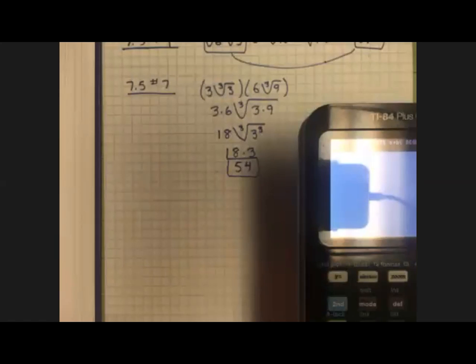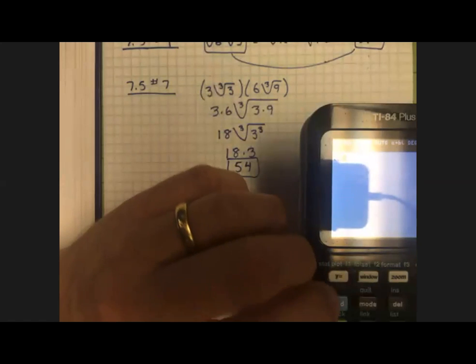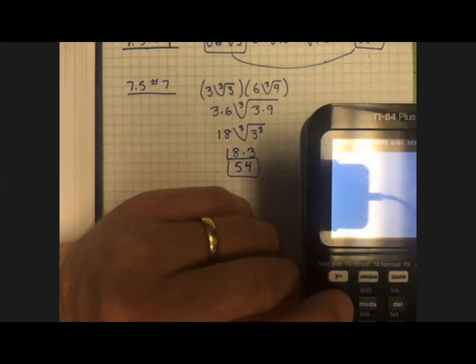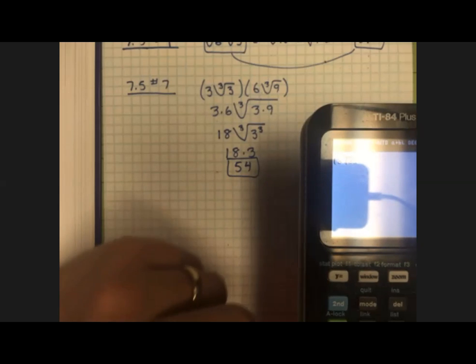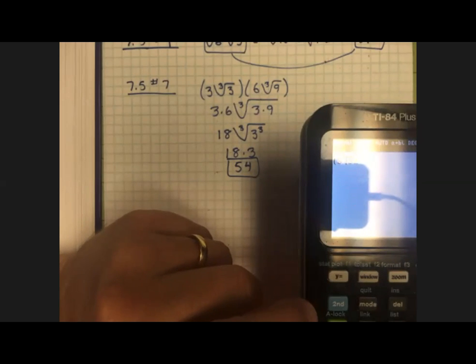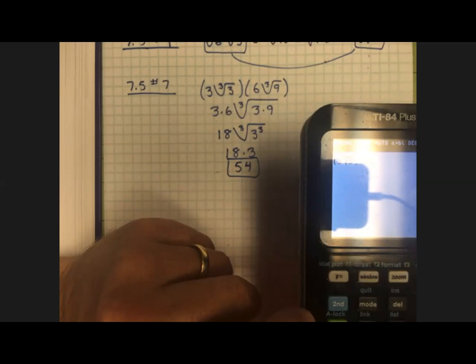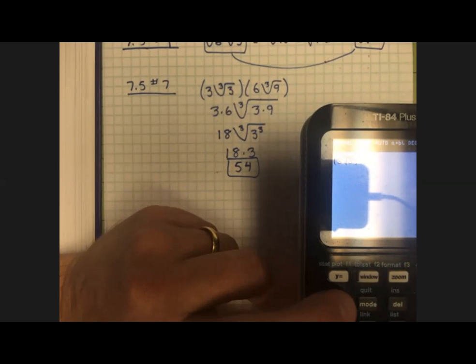Just checking again. And the video is going to have to catch up to me, but I'll just say 3 times the cube root of 3, excuse me, times 6 times the cube root of 9.